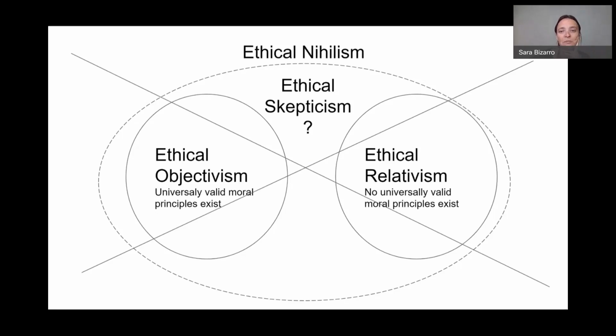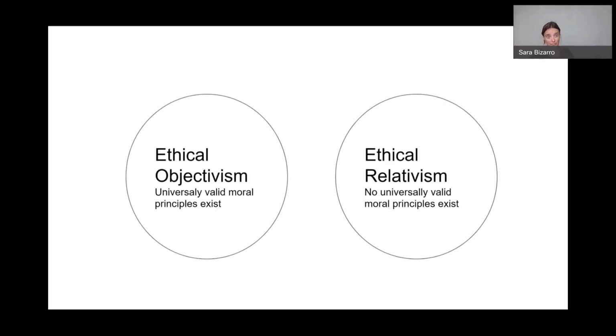All right, let's go back to the original division, because this is basically the most important thing he is talking about. And he's going to go through this, and he's going to try to show us other different small variations on these two big positions.